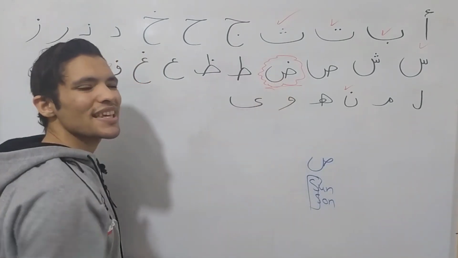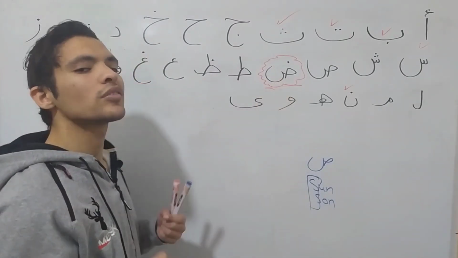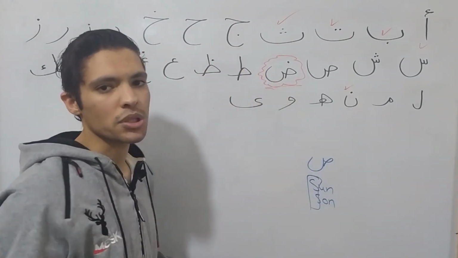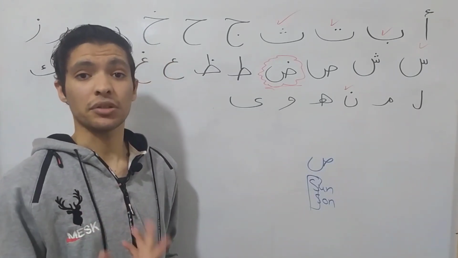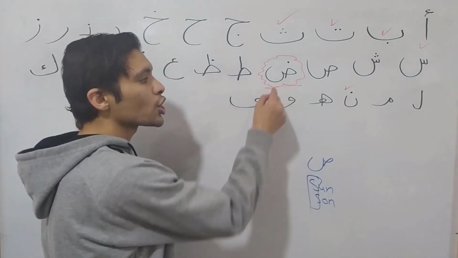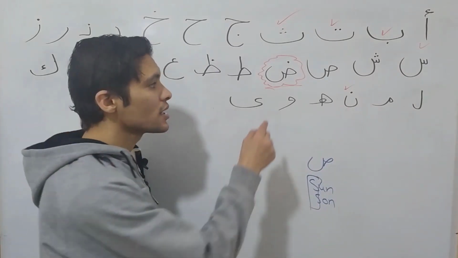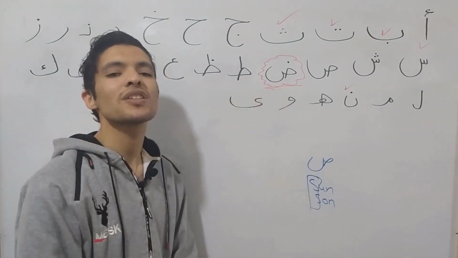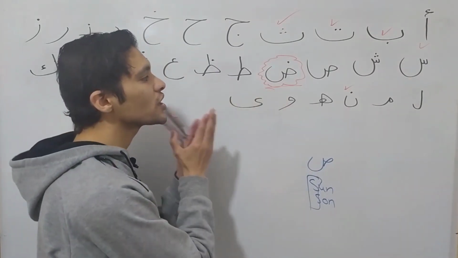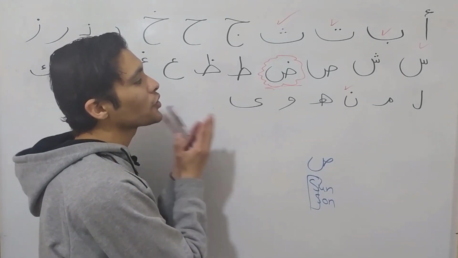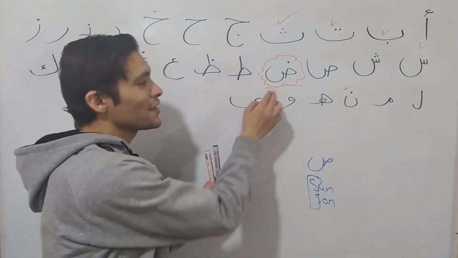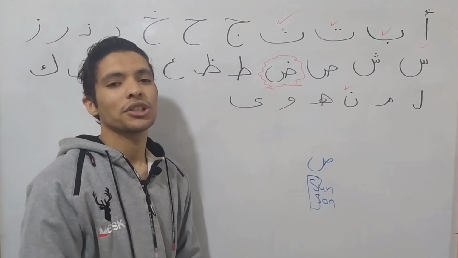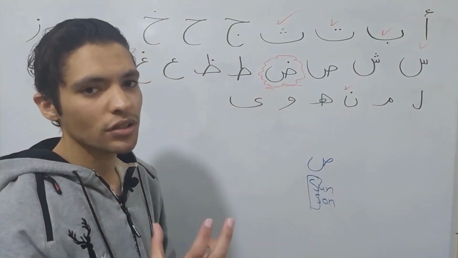This letter is very important and very special to Arabs, of course. So try the best you can to practice the pronunciation of this letter, because you're going to face and read and speak this letter very much in Arabic. Okay, dod.